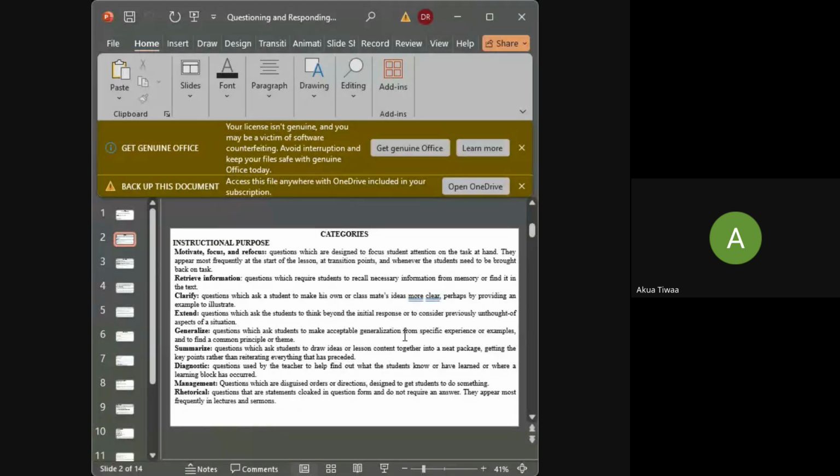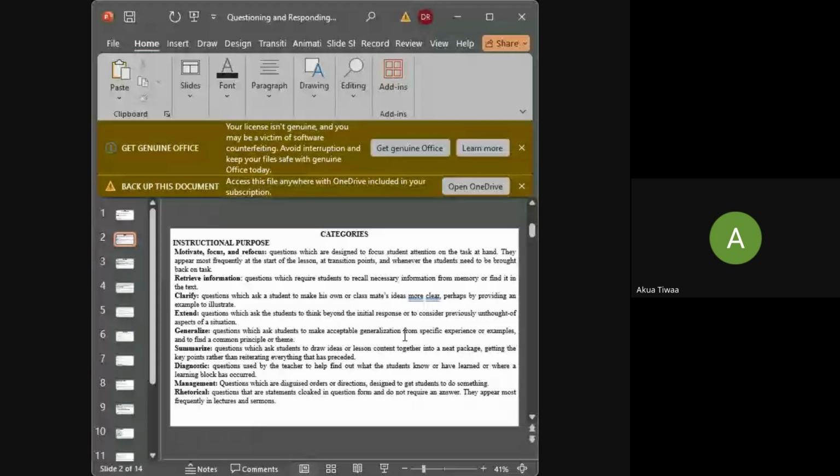Again, we use it to retrieve information, to bring out information from the learners. These are questions which require students to recall necessary information from memory or find it in the text. Sometimes the information is there and you want them to recall it.